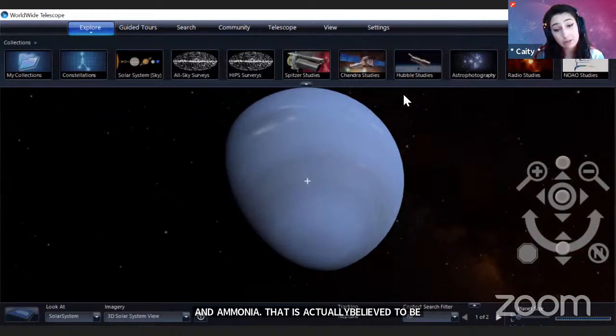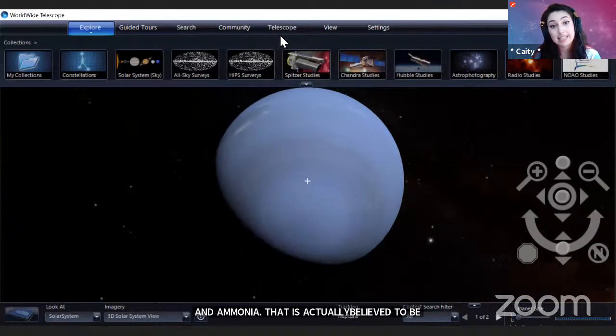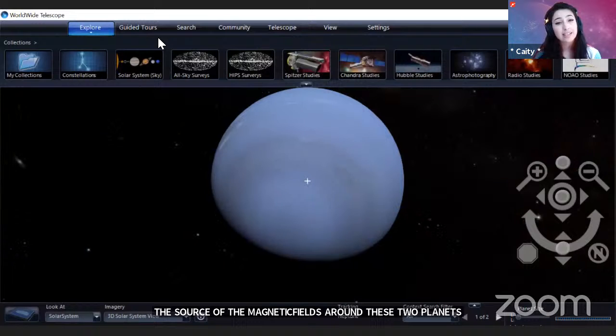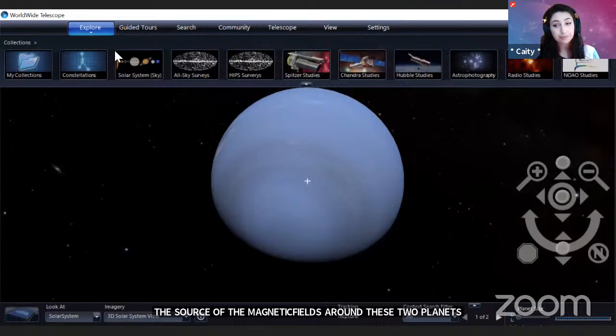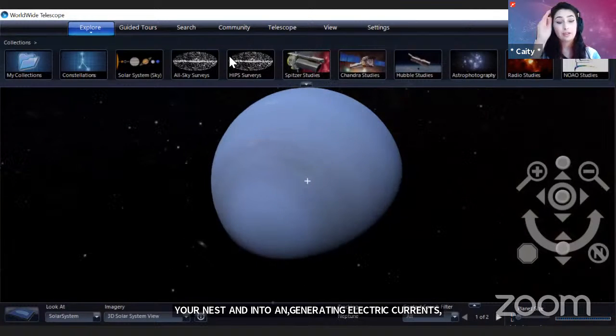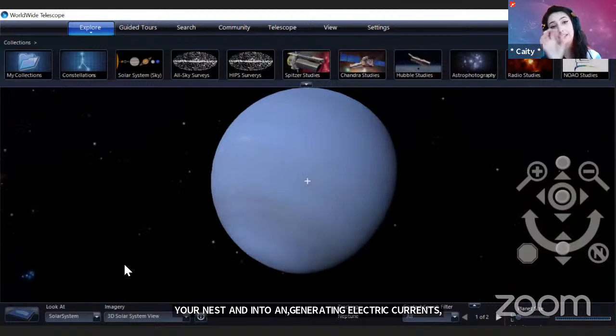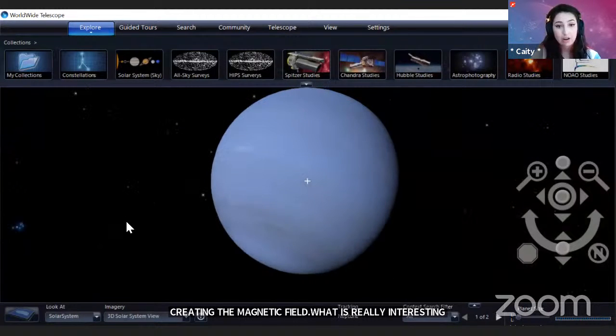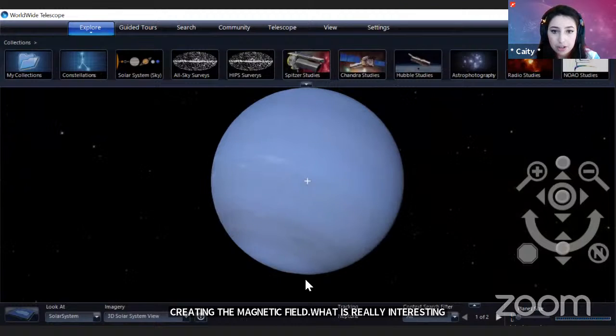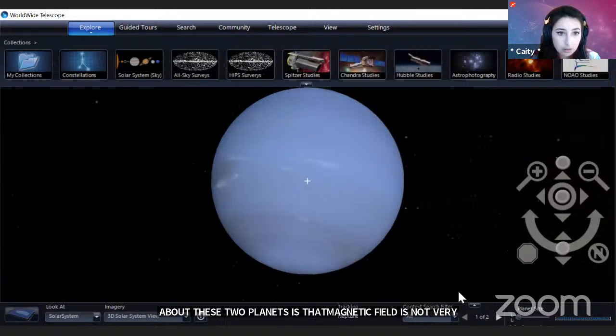Now, what's really interesting about these two planets is that the magnetic field is not very symmetrical. So instead of it originating in the very center of the planet, it's a little bit off center. So I actually have one more picture to show you.